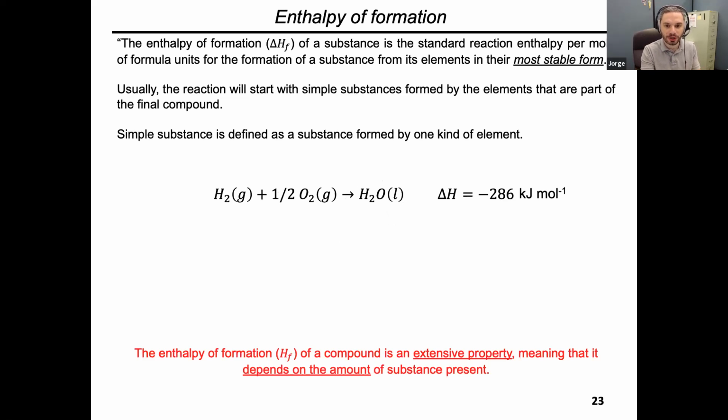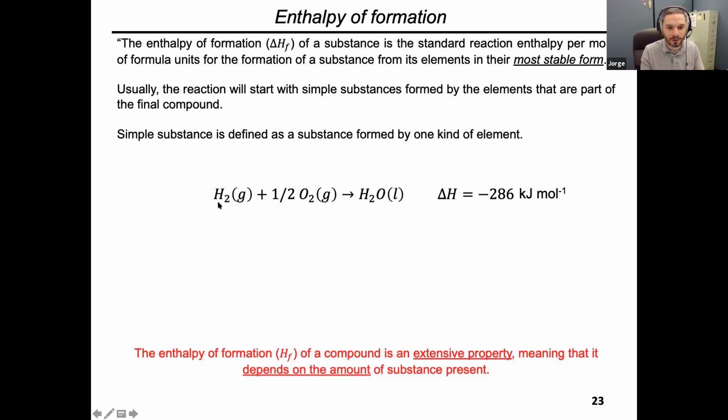Therefore, the reaction that describes the enthalpy of formation for water starts with hydrogen gas, one of the elements that forms water, plus oxygen gas, the other element that forms the water molecule.